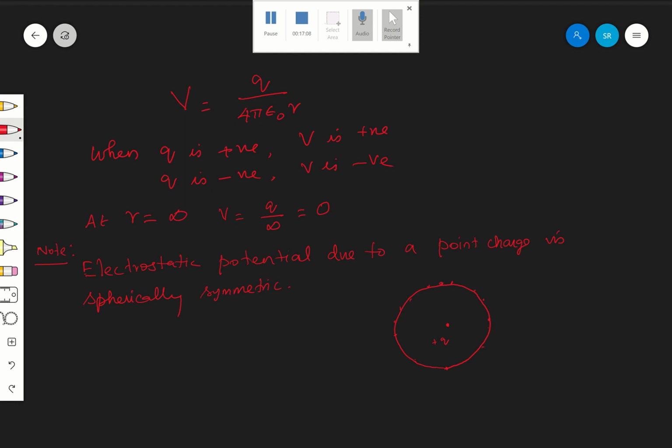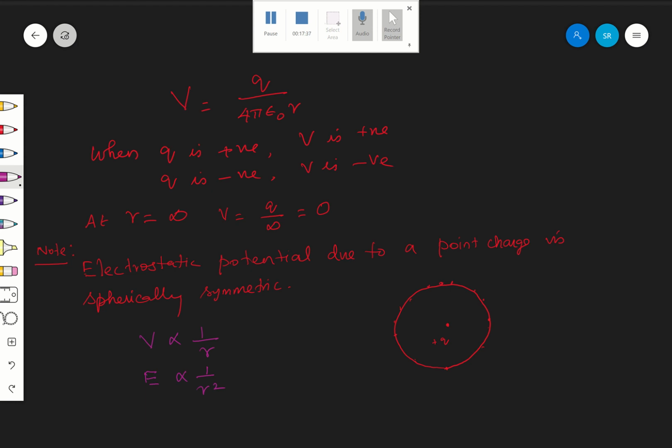Now one more very important thing. You know that V is inversely proportional to R, correct? And what about the electric field intensity due to a point charge? 1 by R squared, correct?